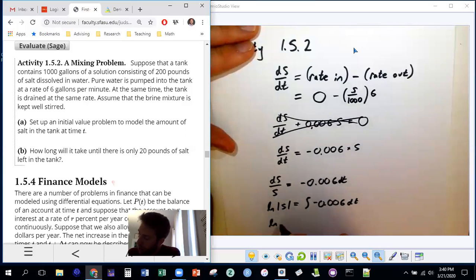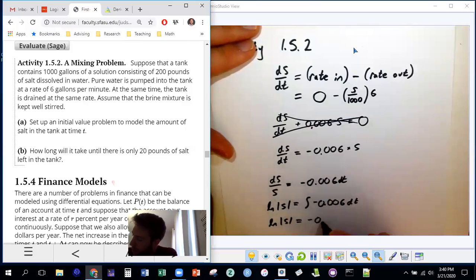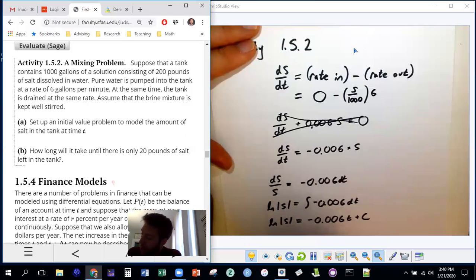So natural log of the absolute value of S equals negative 0.006 t plus C. Since S is always going to be positive because it's an amount, you can drop the absolute value. But even if you didn't know it was an amount, you can still do e to the power of both sides.